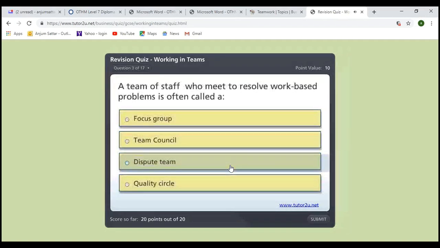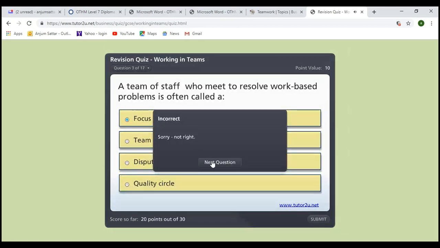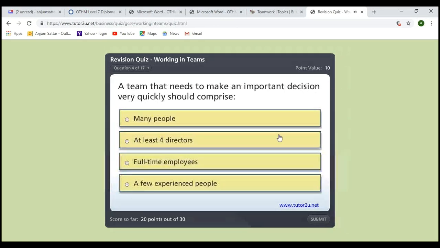Storming is part of it, well done. Next, a team of staff who meet to resolve a work-based problem is often called? It could be a focus group. No, that's not it.